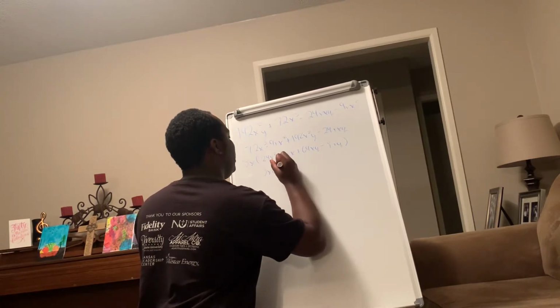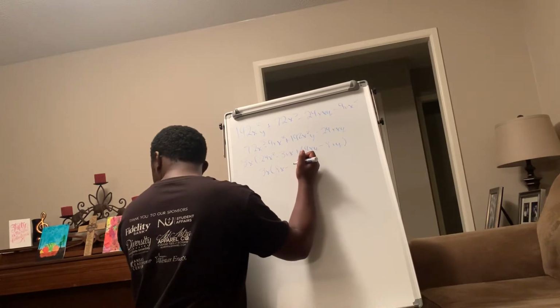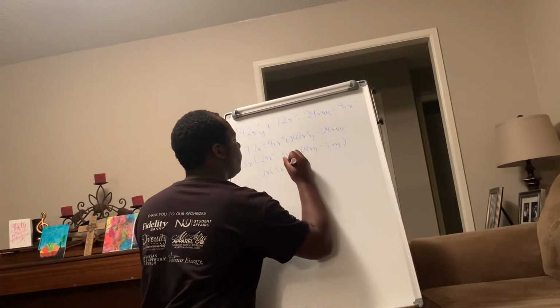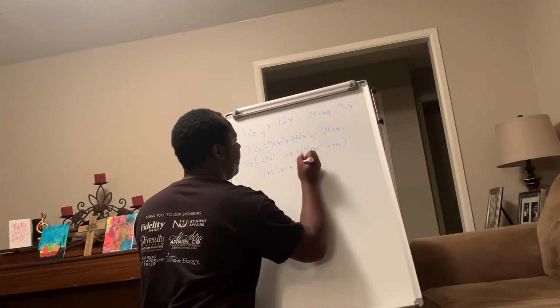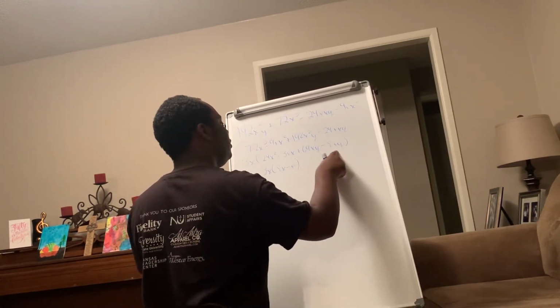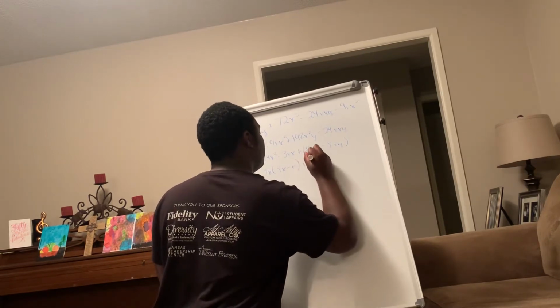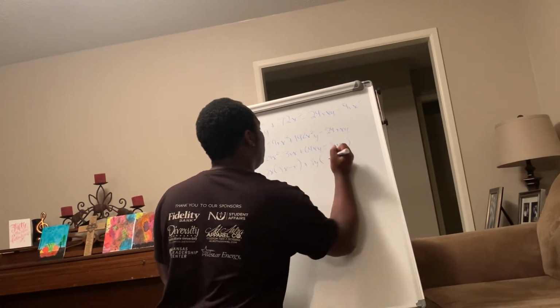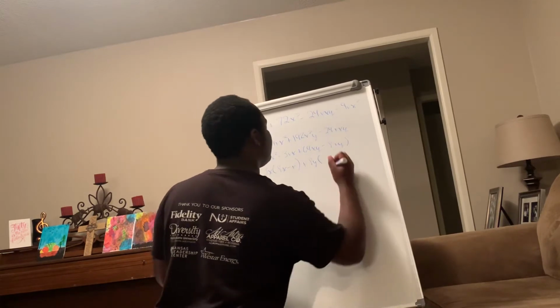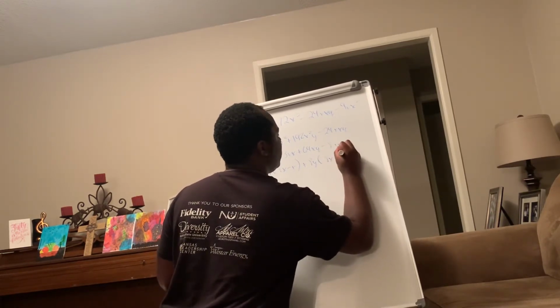Now I'll be left with 8x minus r, and then between these two I have 8y, so plus 8y, and I'm left with 8x minus r.